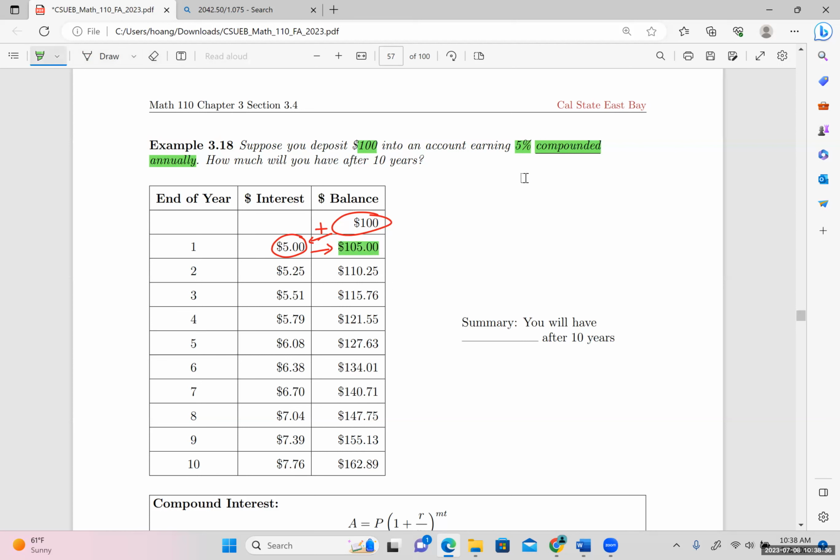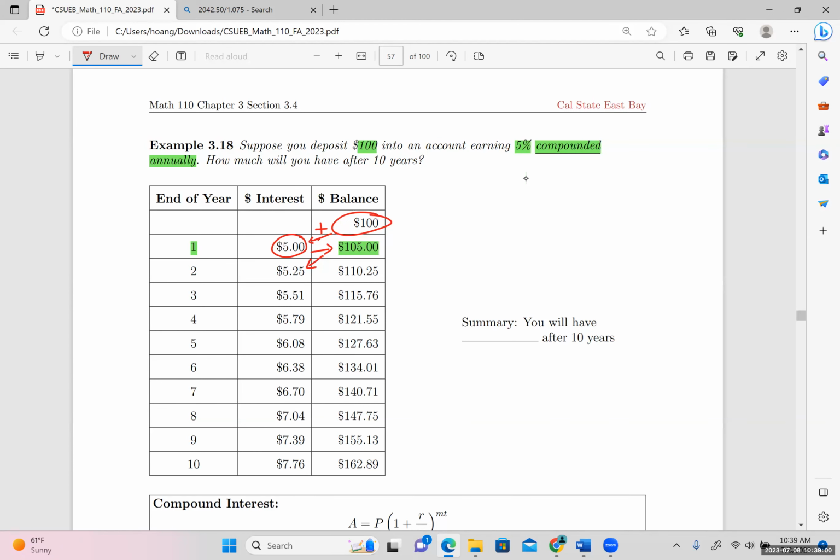That is for 1 year. After 1 year, you got $5. In simple interest, next year you would still add $5.